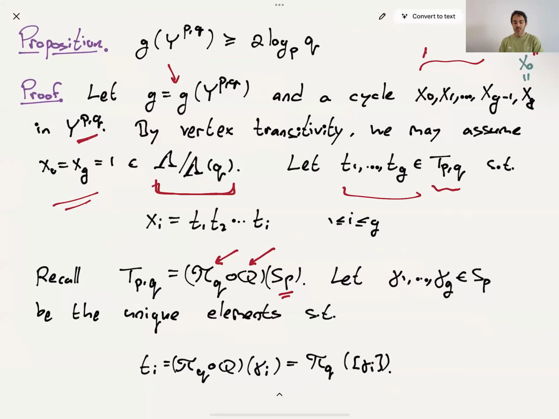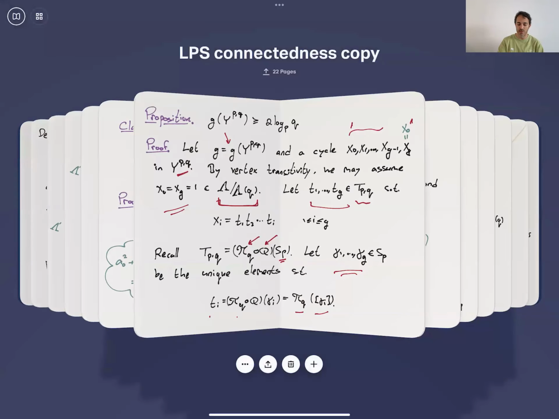So let's consider the corresponding g elements in S_p, gamma_1 up to gamma_g, to be those unique elements that give you the t's. So t_i is obtained by applying pi_q on gamma_i, or if you want, pi_q on Q of gamma_i, which is just the class of gamma_i. So we have the gammas that generate them, and we have the t's that underlie those gammas.